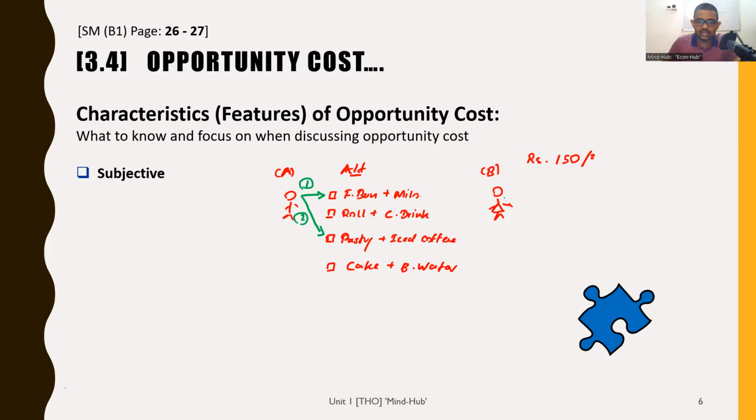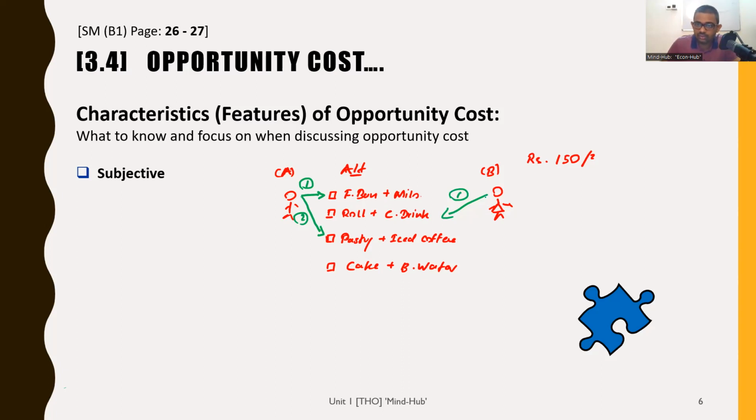So that is my second best alternative. You ask the same question of B. B says, I will go for the roll and the cool drink as my first alternative.